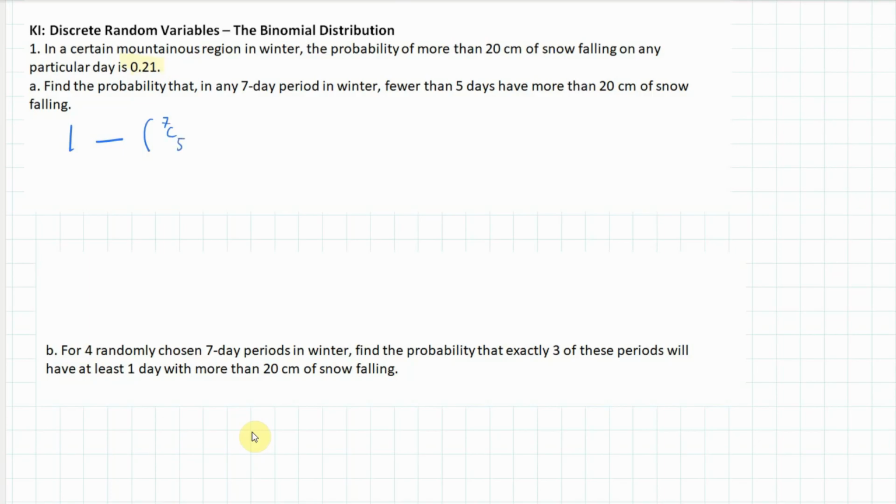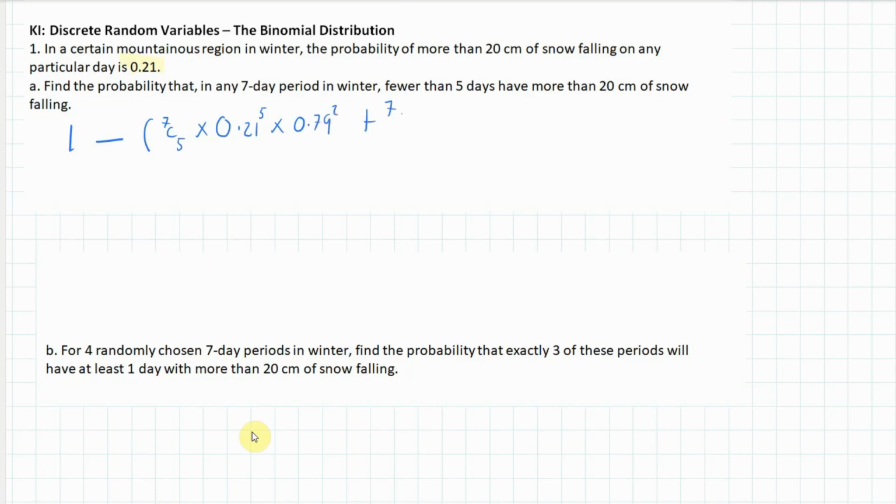Now this is binomial, so the probability of one day having more than 20 centimeters of snow falling is 0.21, and since we're doing 5 days, it'd be times to the power of 5, and then for the other days, the chance of no snow is 0.79, and we've got 2 of those days.